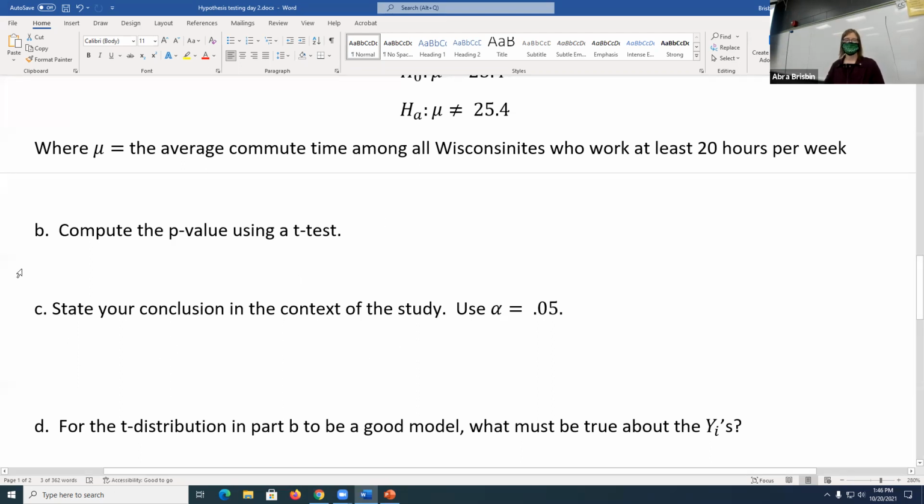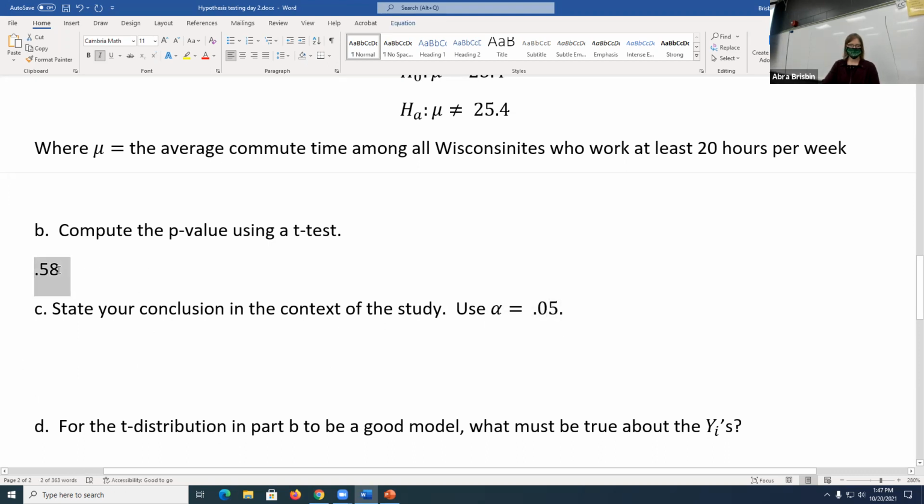All right, so what'd you get for a p-value here? .58. All right, so that's greater than 0.05.